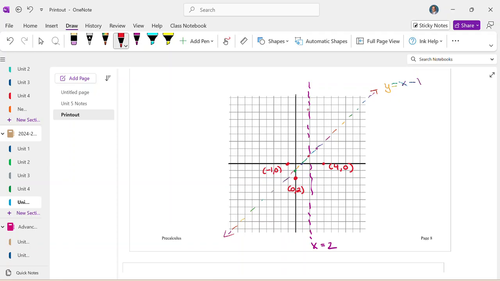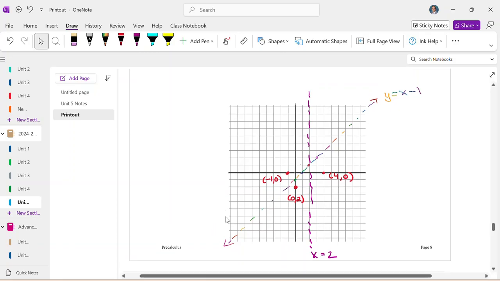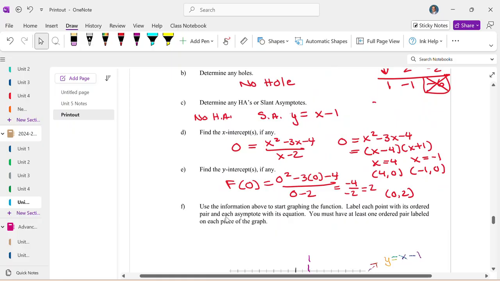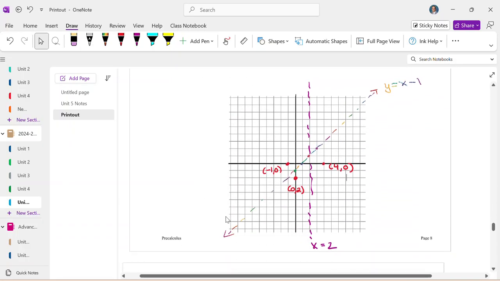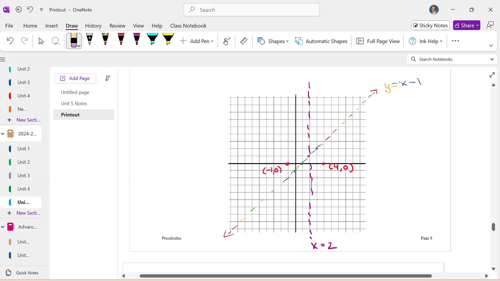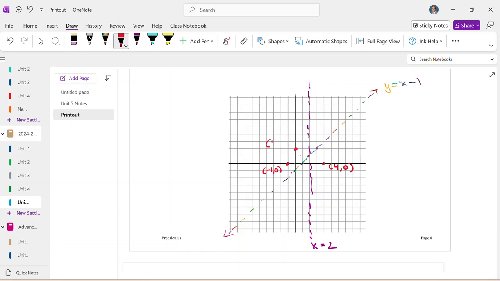So notice we have points on each side of the vertical asymptote. Sorry, I misplaced it. I put it at negative 2 instead of 2. I knew something looked off.